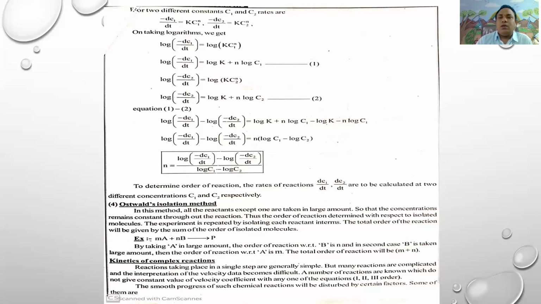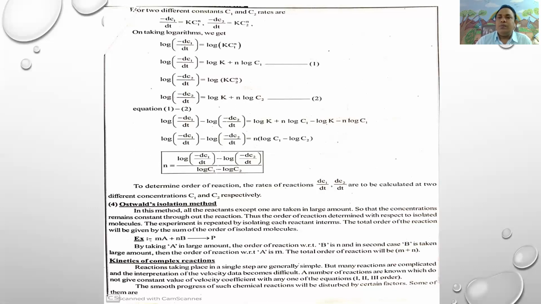The order with respect to A is some X. In the second step, B is isolated, meaning B is taken in a very small amount. The rest, A and C, are taken in large quantities. The order with respect to B is some Y.